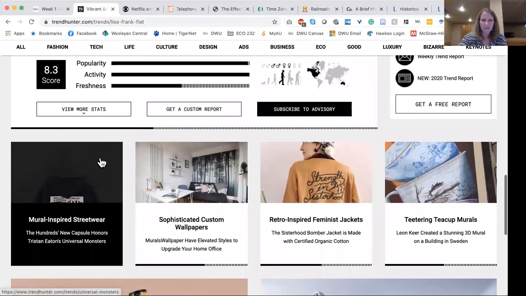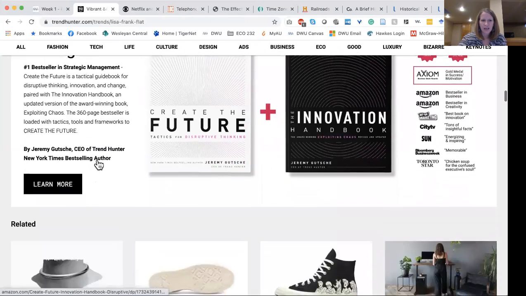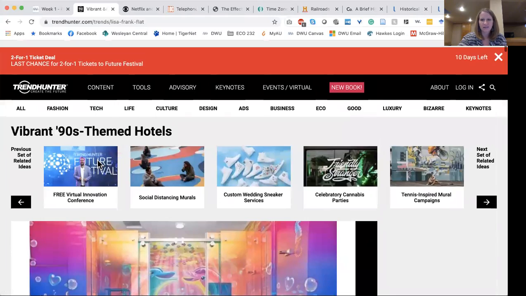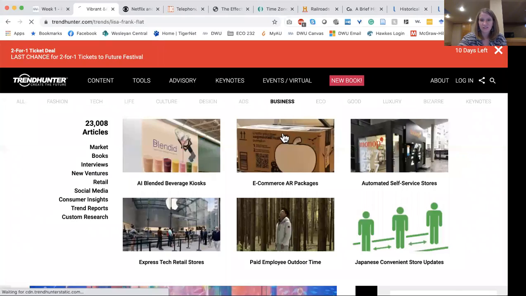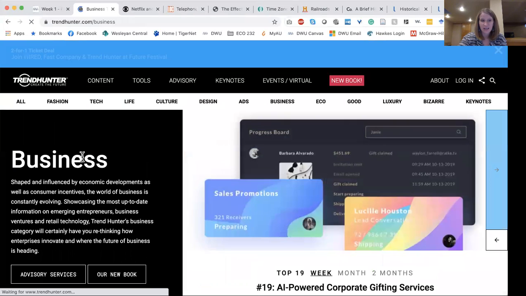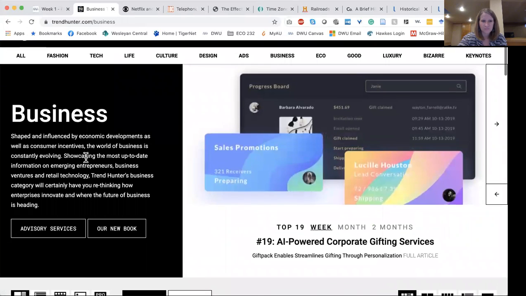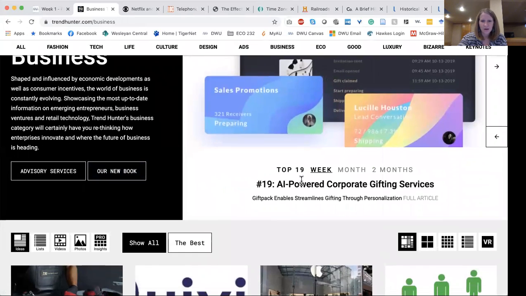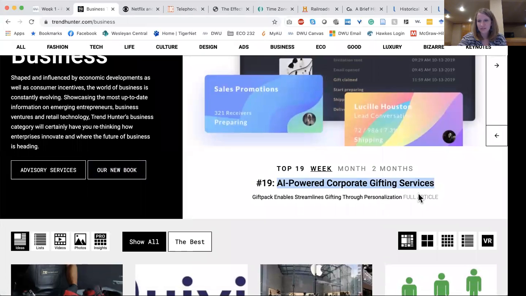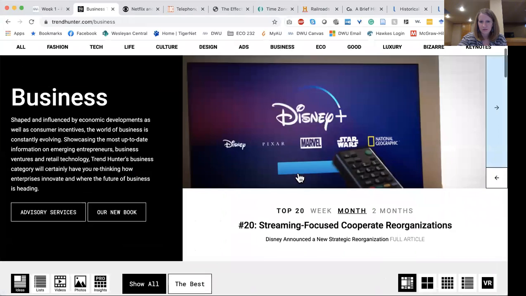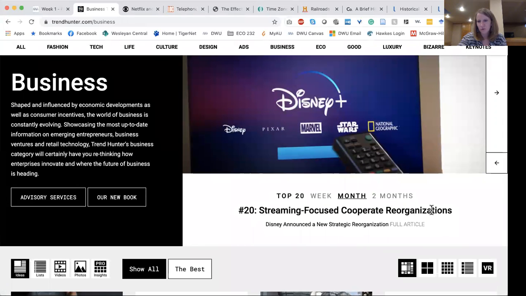But just look at some of the trends that are going on here, and hopefully you'll see that not all of the best ideas are taken. Look at the business ones. AI-powered corporate gifting services. That's kind of cool. You can look at streaming-focused cooperative reorganizations, all of that stuff.